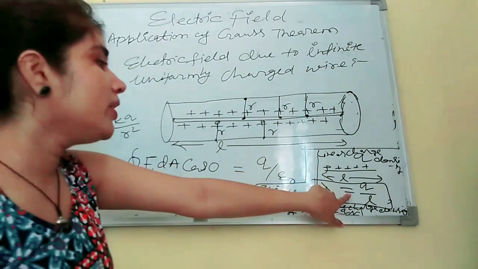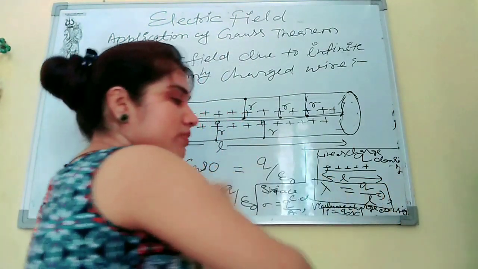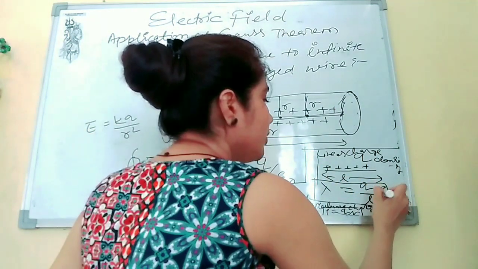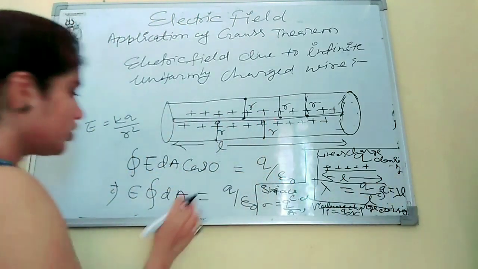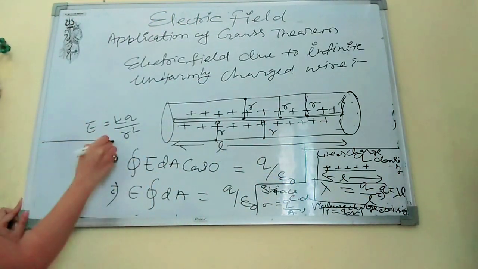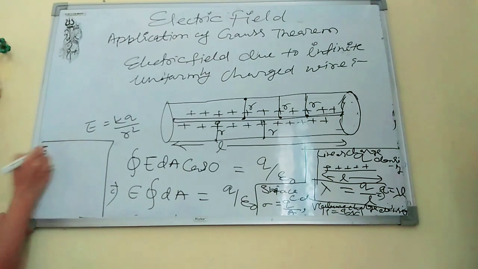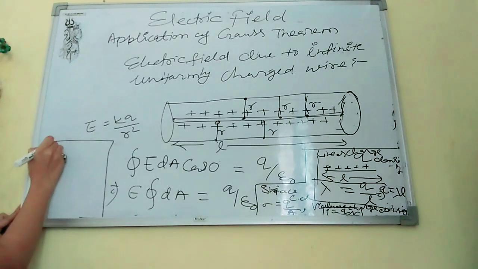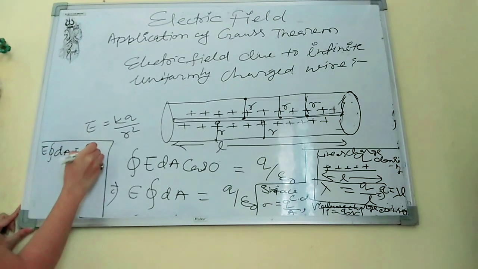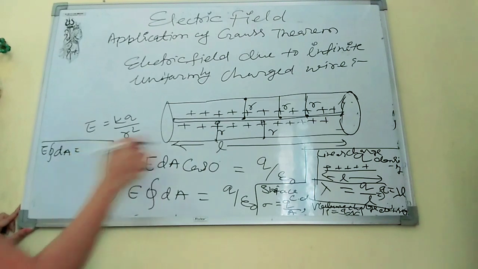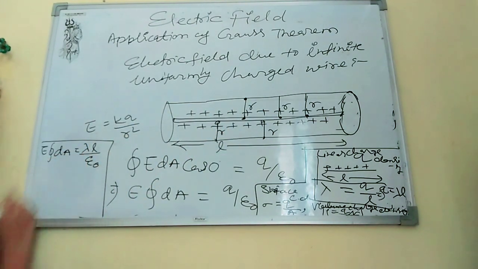Now from this formula, we can put Q equal to lambda L. This L will cross multiply with lambda, so Q equals lambda L. So now we put here Q equal to lambda L. So this will be E integral dA equal to Q; in the place of Q, we put lambda L upon epsilon naught.